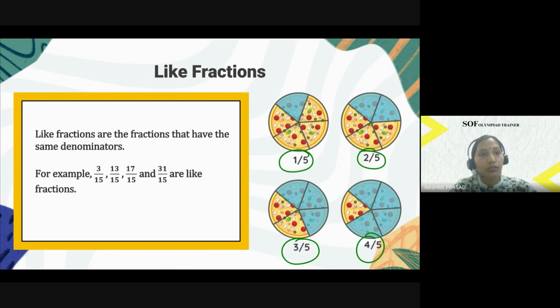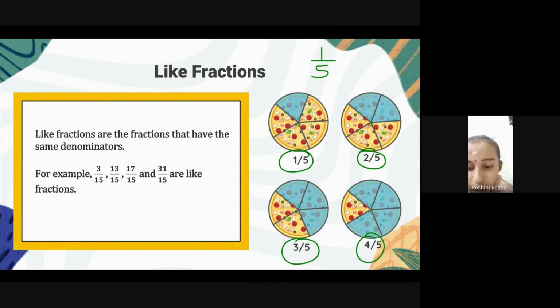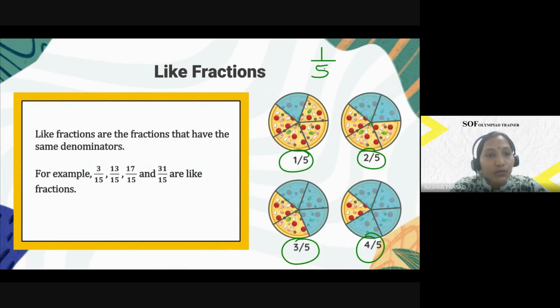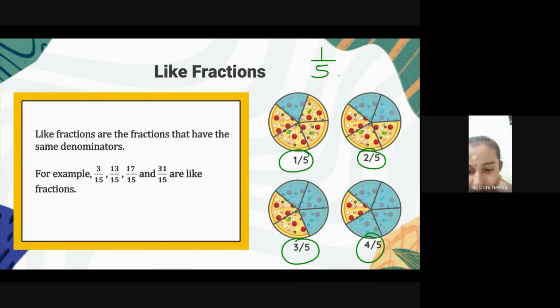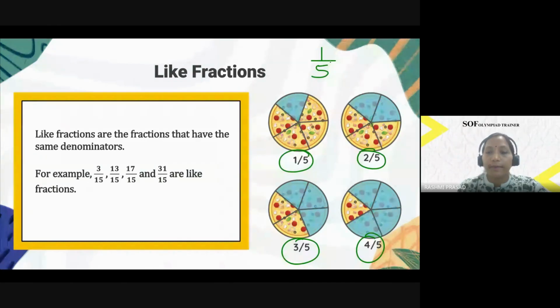Simple concept. You know numerator and denominator. Roshni, can you unmute and tell me where we write the numerator in the fraction and where we write the denominator? For 1 upon 5, which is numerator and which is denominator? Roshni, what is my numerator and denominator? You don't know? Okay. Numerator is the top one.